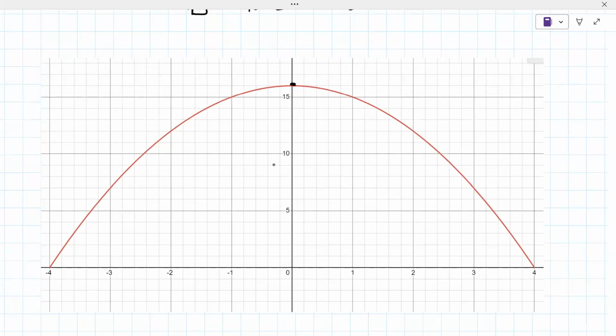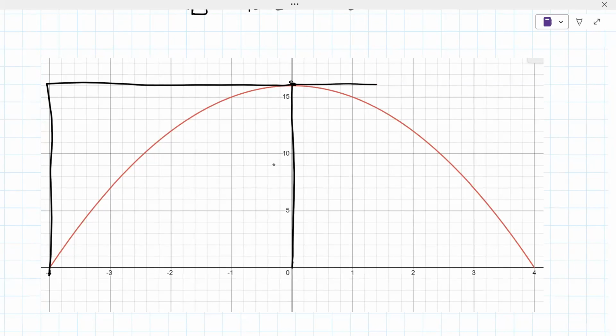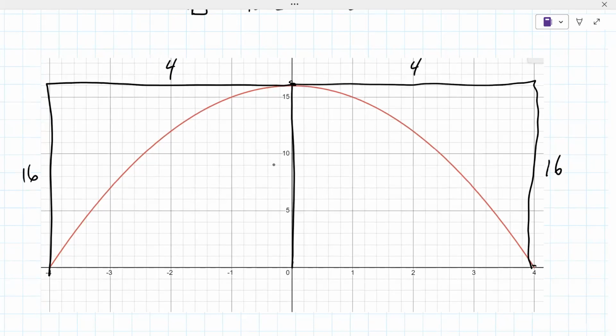So the upper, it would be up here. It would be like this. This is one of the rectangles, and then the other one goes the other direction. So width of 4, height of 16, width of 4, height of 16. That's for two rectangles.